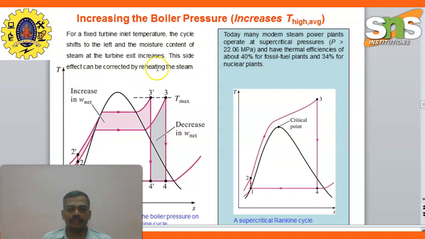The effect can be corrected by reheating the steam. Net work increases or decreases accordingly. Today, many modern steam power plants operate at supercritical pressures, above 22.06 megapascals, and have a thermal efficiency of about 40% for fossil fuel plants and 34% for nuclear power plants.